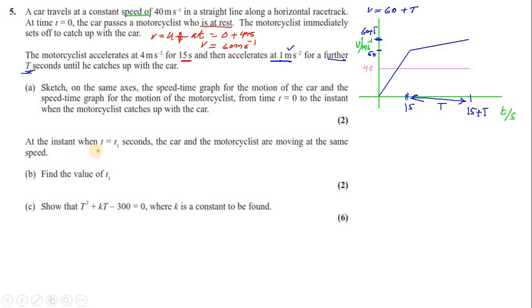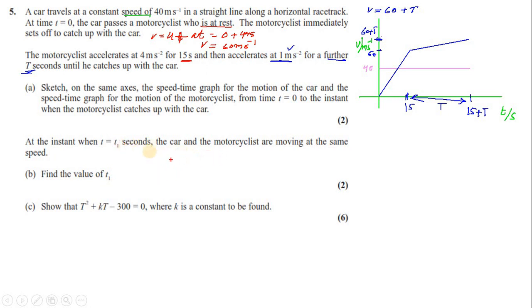At the instant when t is equal to t1 seconds, the car and the motorcyclist are moving at the same speed. Find t1. So you know that at time t1 they are moving with the same speed.